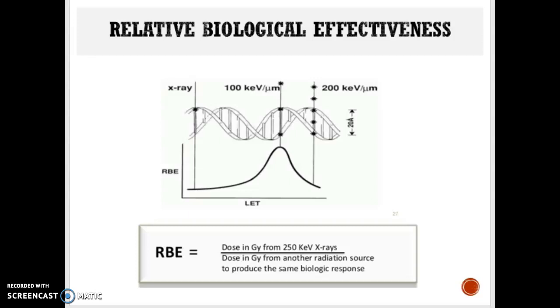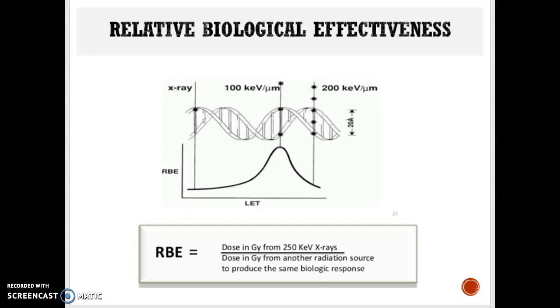So in other words, RBE can be used to compare radiations with different linear energy transfers to determine its particular biological reaction or effect. So now you know from a prior lesson that absorbed dose is the energy absorbed per unit mass of the body tissue. But we also know that all types of radiation are not created equally.